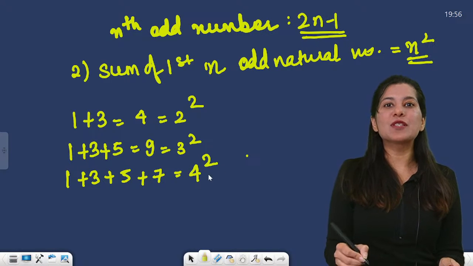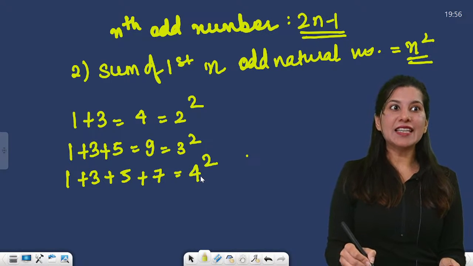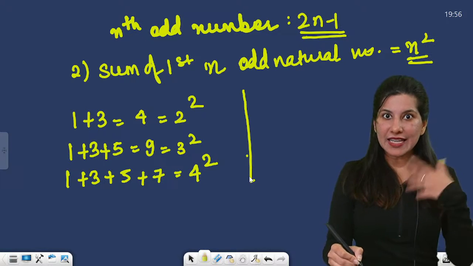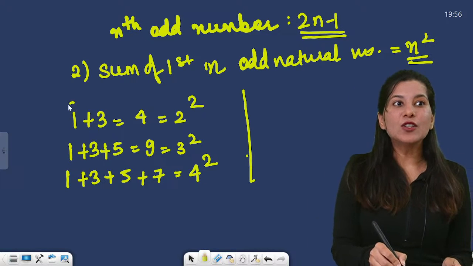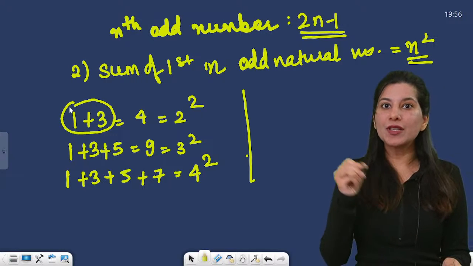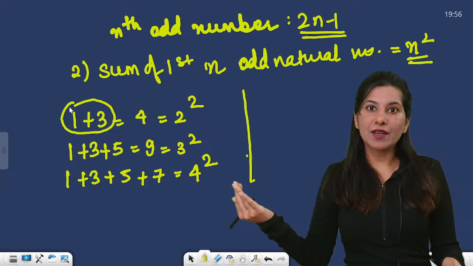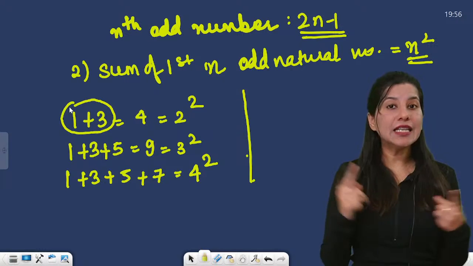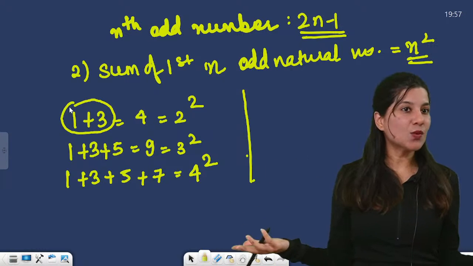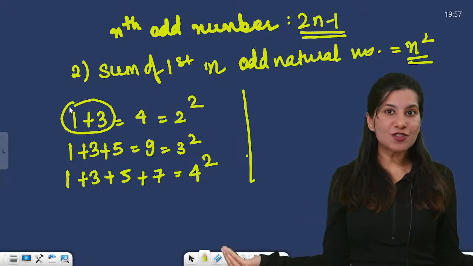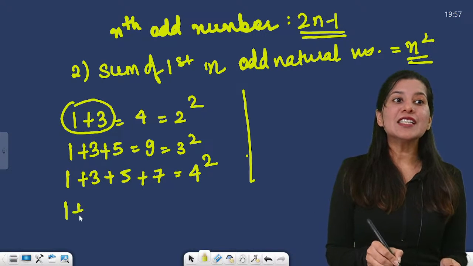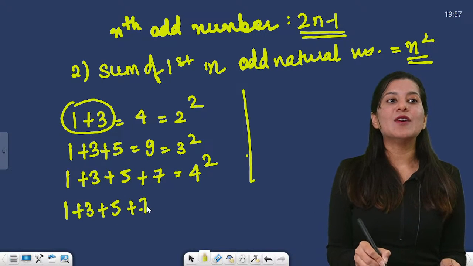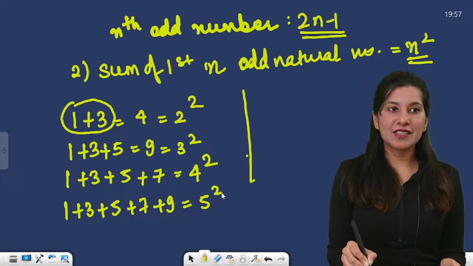Directly you can write 4 square, 16. That means if you add the first two odd natural numbers, you will get 2 square. If you add the first 3 odd natural numbers, 3 square. First 4 odd natural numbers, 4 square. First 5 odd natural numbers, 5 square.